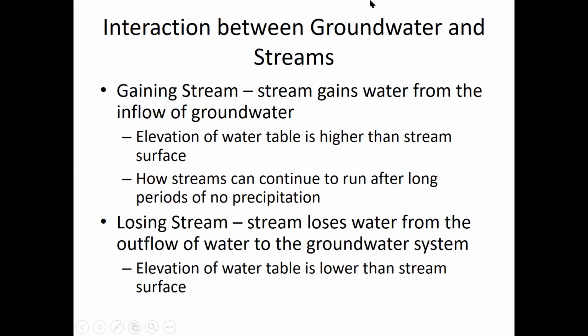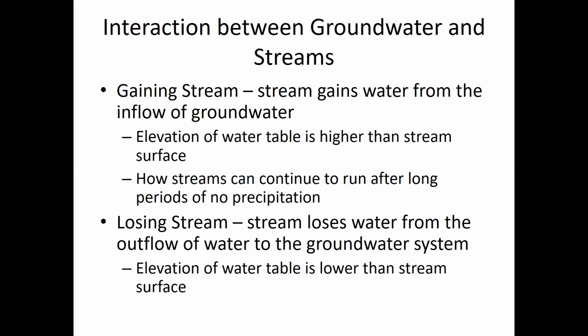Now, surface water can interact with groundwater. A gaining stream is a stream channel which gains water from the local groundwater system. And this occurs because the elevation of the water table surrounding the stream is higher than the elevation of the stream itself. And so because water flows from high to low elevation, groundwater will flow out of the ground into the stream.